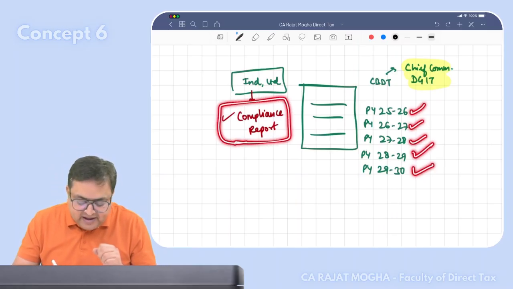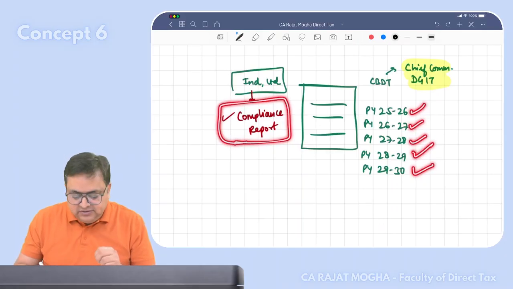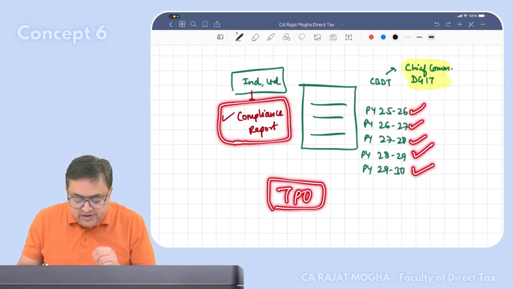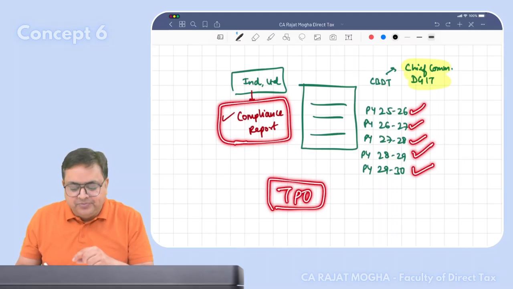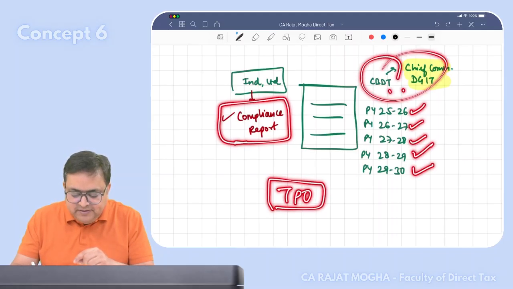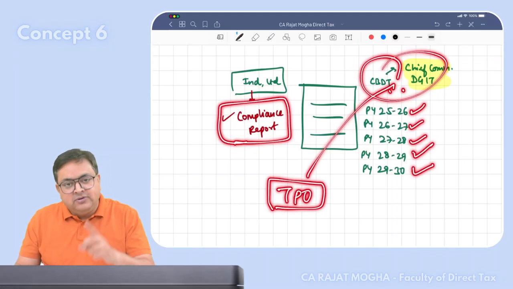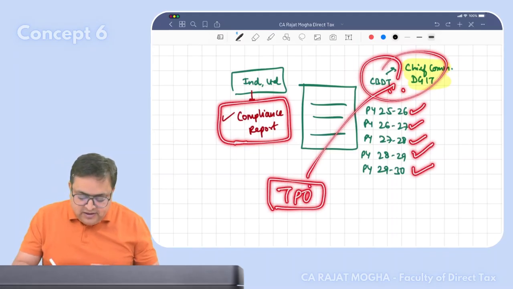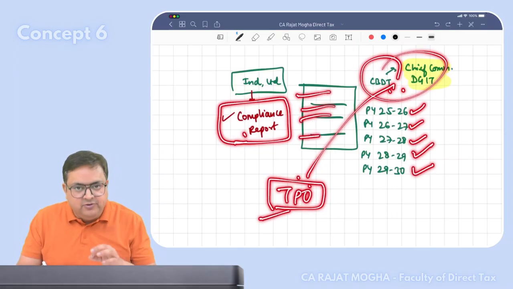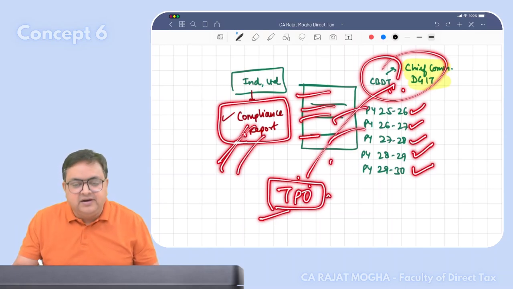And guys, this compliance report, who will audit? The transfer pricing officer will audit this also, because the transfer pricing officer is an expert. So they have said to the TPO that it is your job to audit the compliance report. So the TPO will study what transactions have happened during the year, what is written in the compliance report, and what was written in the APA.